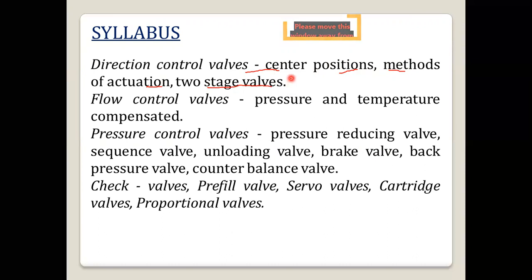We have covered 2 by 2 direction control, 3 by 2 direction control, and 4 by 2 direction control with their applications. We have also studied the checkpoints.